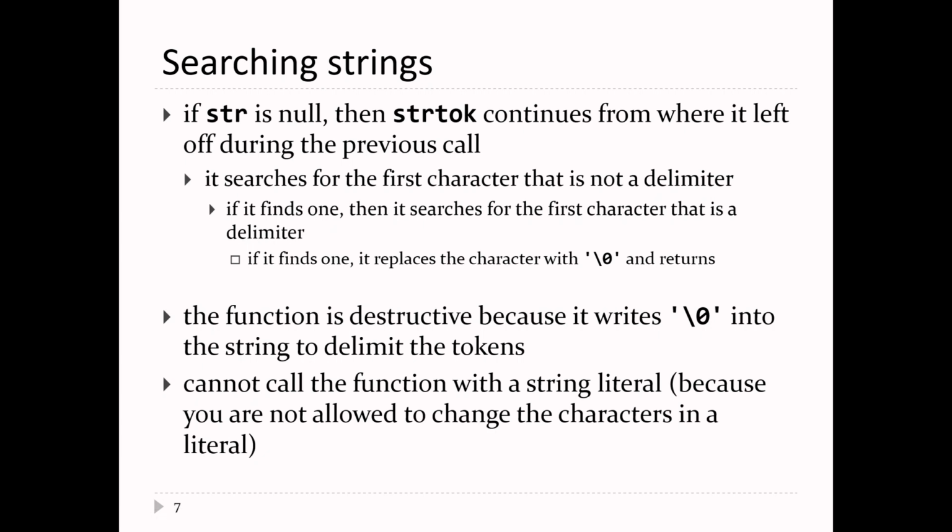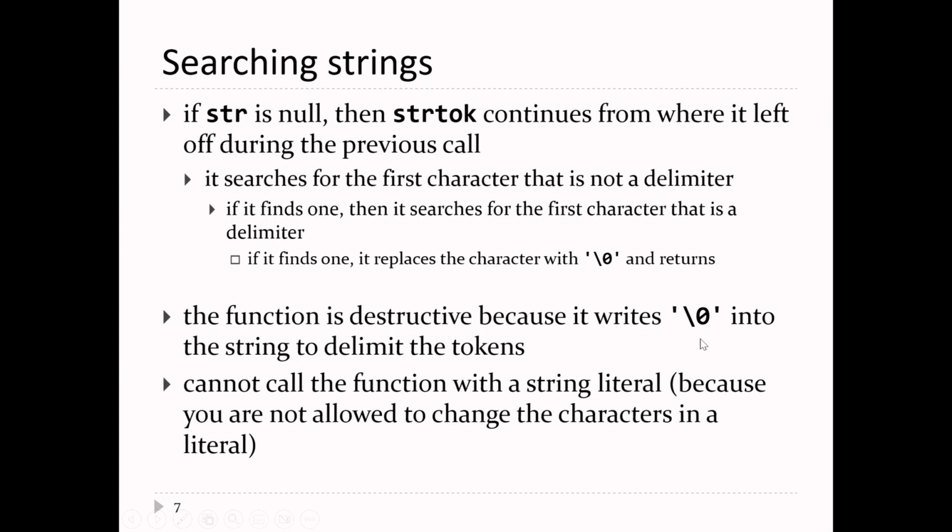When it finds one, that's the start of the second field. Now it's going to search for the next delimiter, and that'll be the end of the second field. And then again, it replaces the delimiter character with a null terminator character. So the function is destructive. It writes a bunch of null terminators into your string, marking the end of each field.